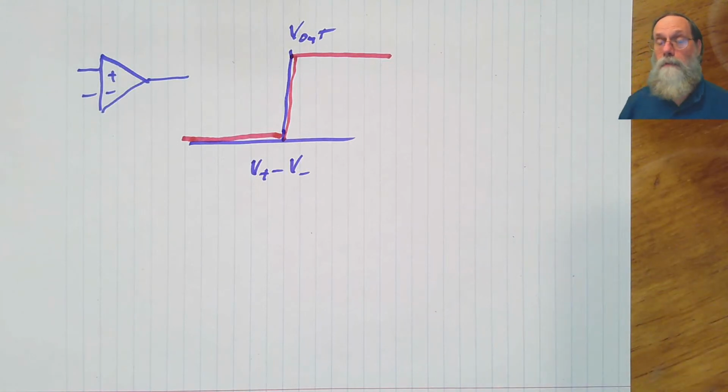Basically, what we're doing is converting the analog signal, V plus minus V minus, into a digital signal, high or low. And like all digital signals, we want it to be only high or only low, not in any intermediate value. So the idea of the comparator is to make a very rapid transition between the low and the high values in either direction.